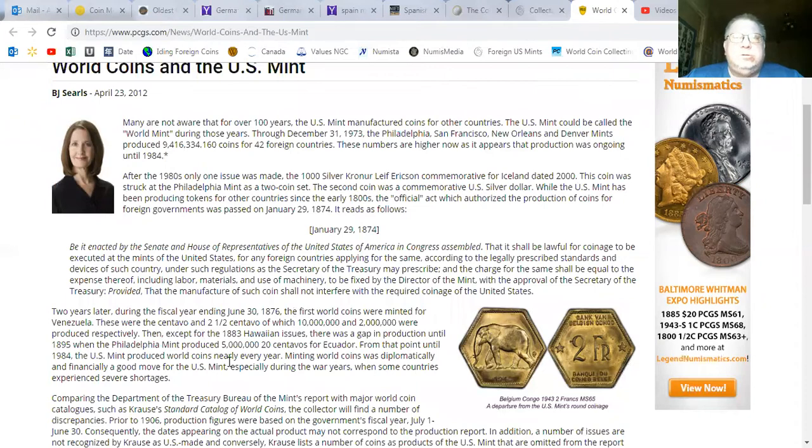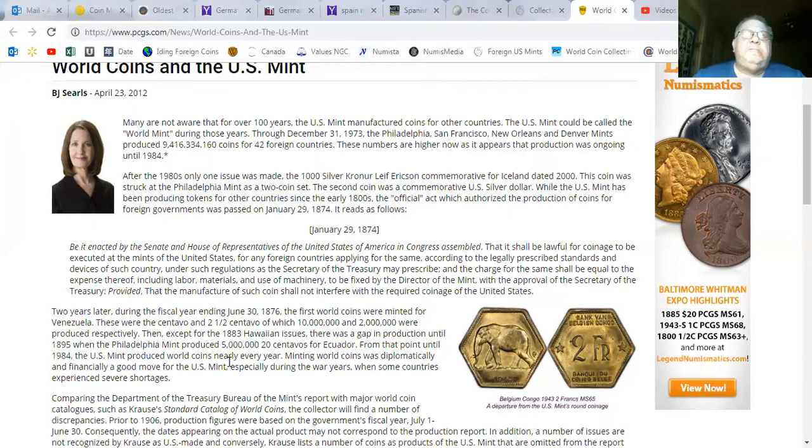And then also, the Philippines also had P, D, and S on it. So some of the foreign coins do have the mint where it came from. Now, of course, Philadelphia still was not putting P on the foreign coin.